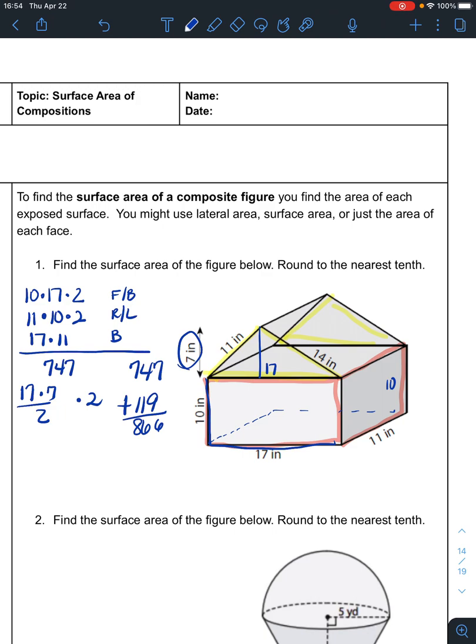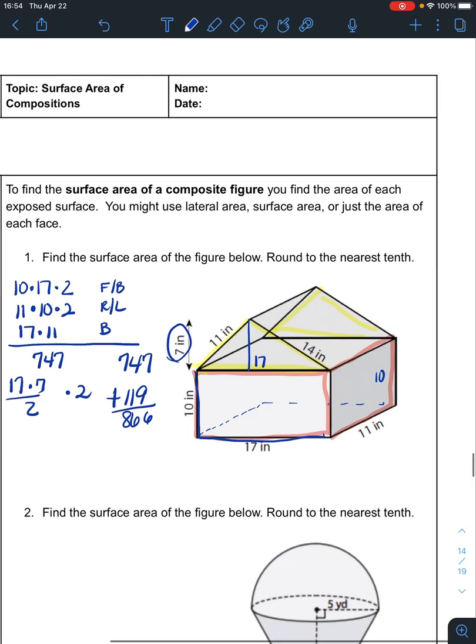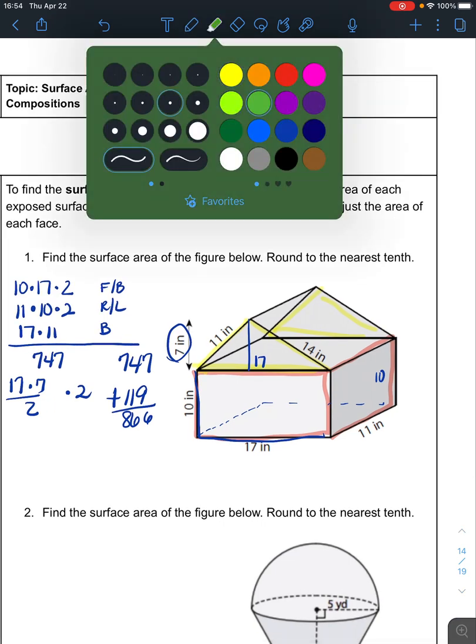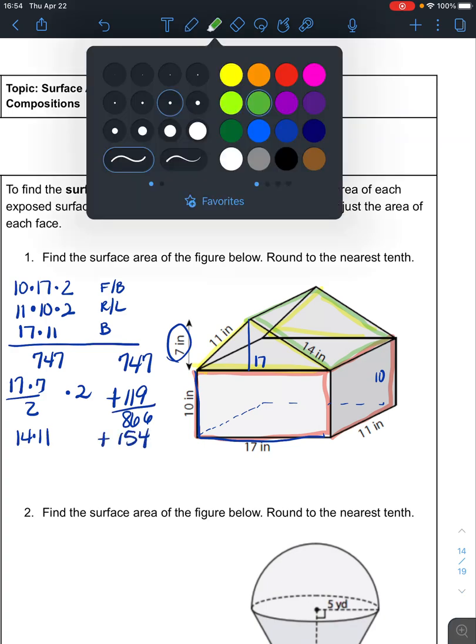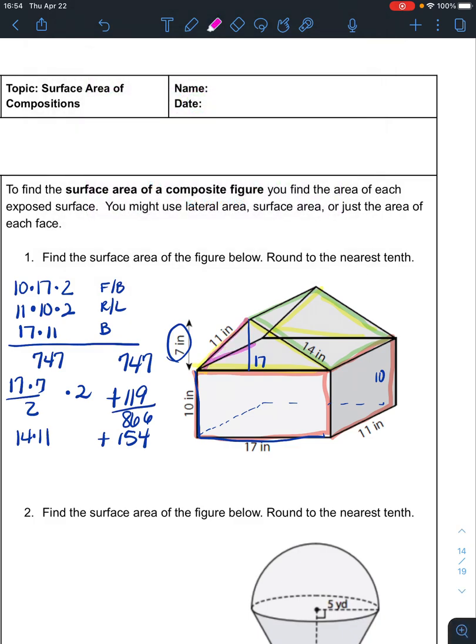And then we have two rectangles. They're different sizes, so let's look at them separately. So we have this rectangle right here in green. It's 14 by 11, which is 154. So we're going to add 154. And then we need our other rectangle on this other side.